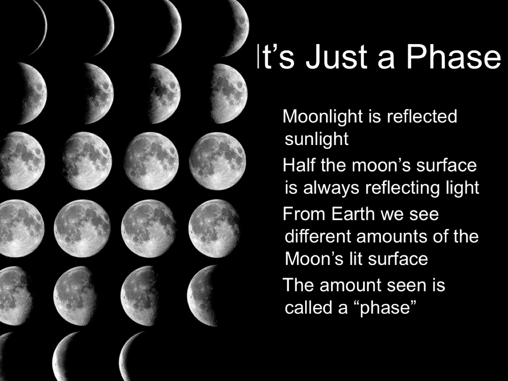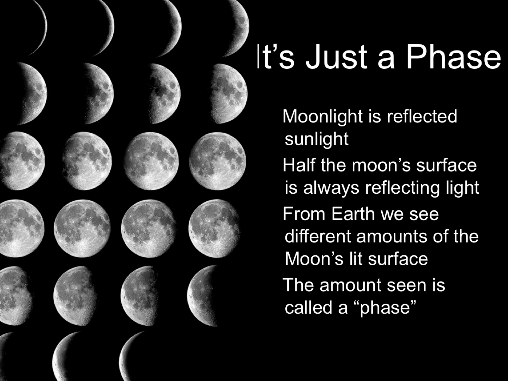Due to the fact that the moon does not make its own light and is just reflecting sunlight, the position of the moon and the sun compared to the Earth allows us to see different portions of the moon's surface illuminated at different times. These different shapes we see are called phases.